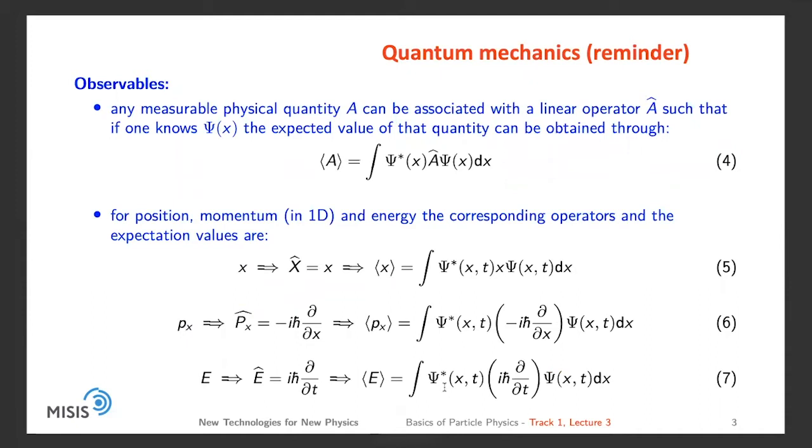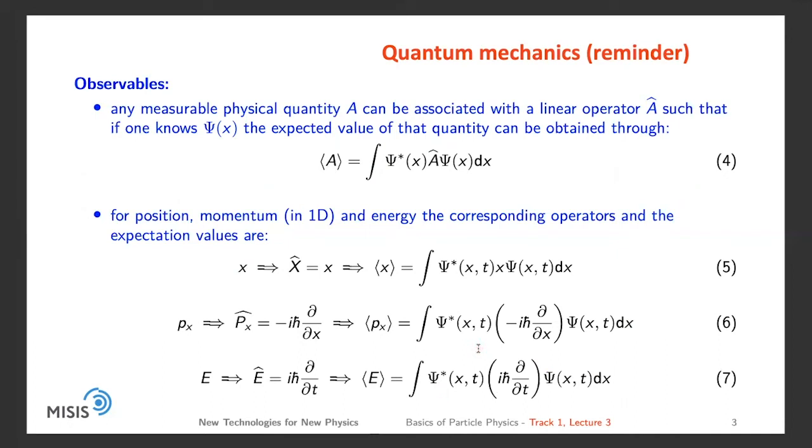Any measurable physical quantity A can be associated with the linear operator A hat, such that if one knows the wave function psi, the expected value of that quantity can be obtained through such an integral. For position, momentum in one dimension, and energy, the corresponding operators and the expectation values are as follows.